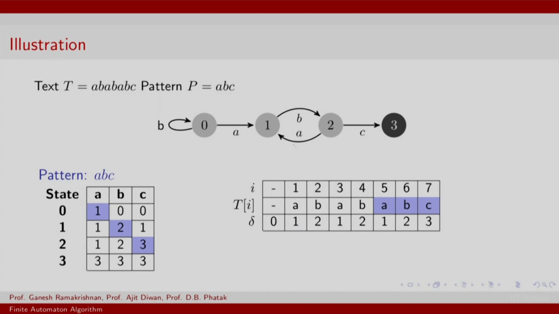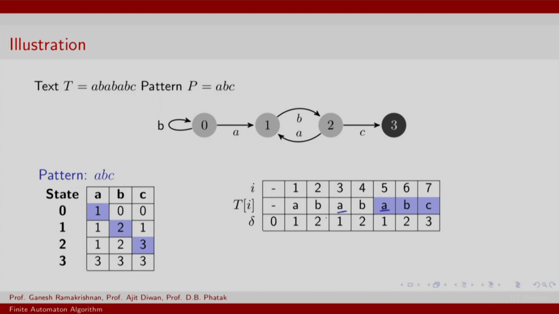When you see a B, you go to 2, however when you see an A, you go back to 1. So A, B, the next A takes you back to 1, the next B takes you back to 2, and then you do another A for which you go back to 1, a B which takes you back to 2, and now finally you are at state number 3 when you see a C. So the match was just ABC, and we avoided going back to 0 all the way when we saw these A on 2 occasions.